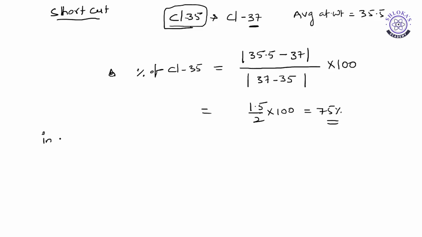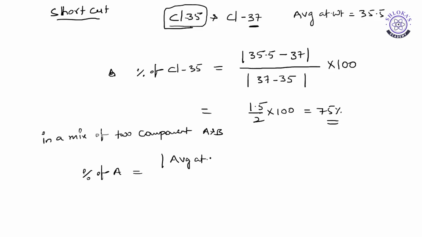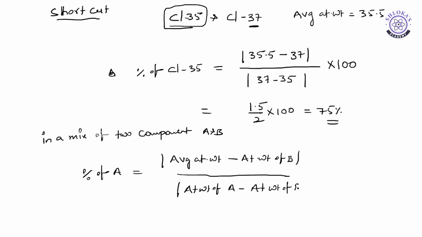In a mixture of two compounds or two components A and B, the percentage of A is equal to the average atomic weight minus the atomic weight of B. The opponent we have to take, because we are finding the percentage of A. If you are finding B, you have to take the atomic weight of A. And here the mod of atomic weight of A minus atomic weight of B, into 100.